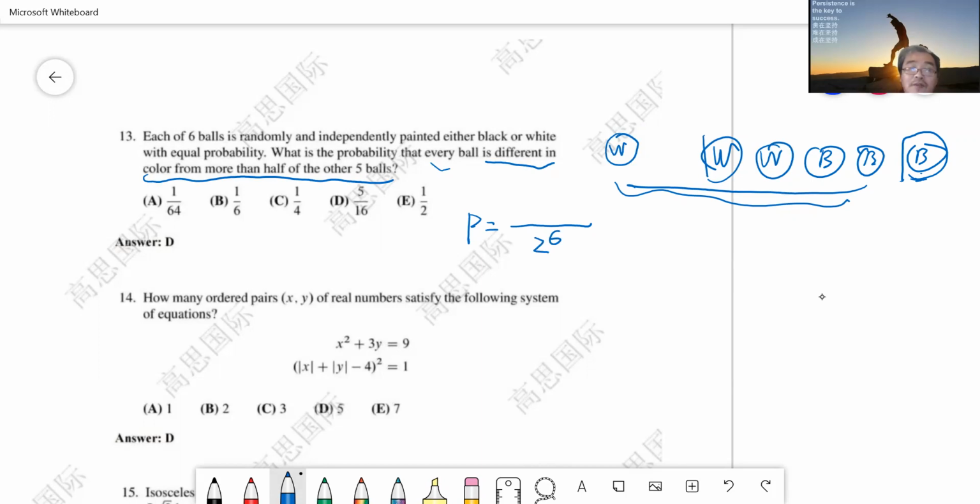And out of the 6 balls, we're going to find 3 white and 3 black. That simply is choose 3. Right? So 6 choose 3 is 20, then 20 divided by 64. So we cancel 4, and we get 5 over 16. So the answer is D.